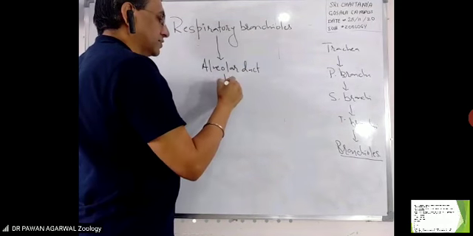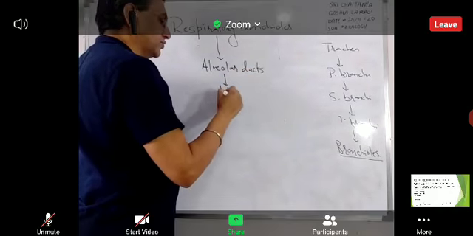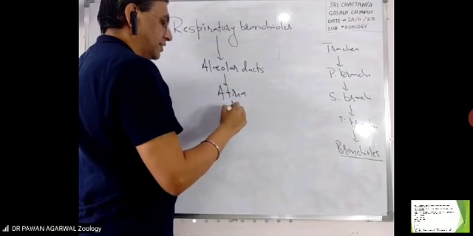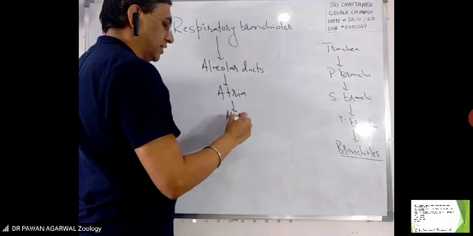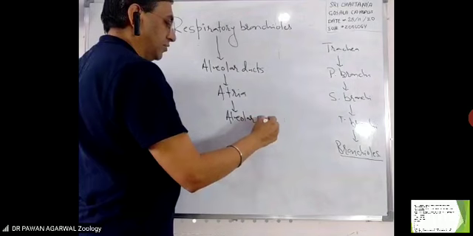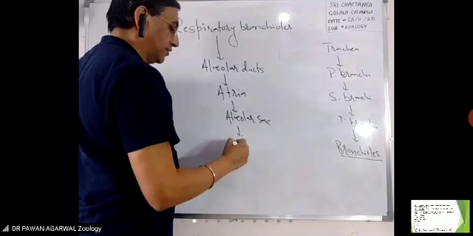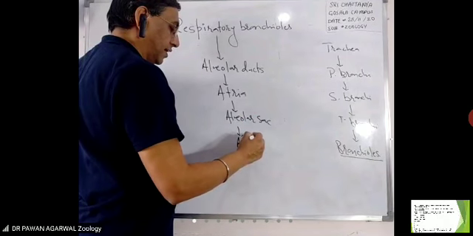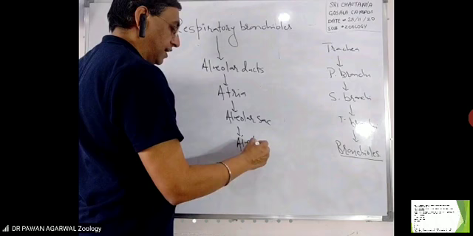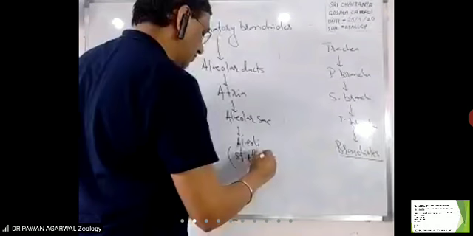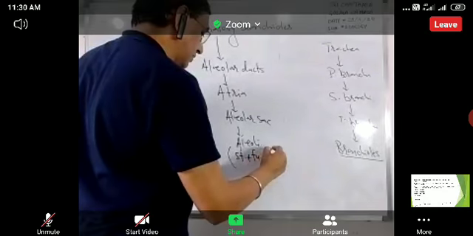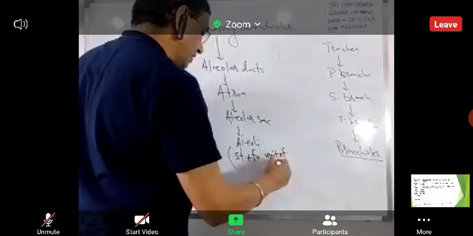Alveolar ducts divide into the atria. Atria divide into the alveolar sac. And alveolar sac is divided into the alveoli. Alveoli is the structural and functional unit of lungs.